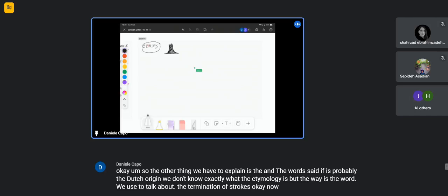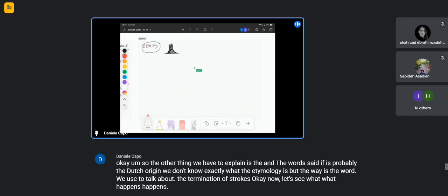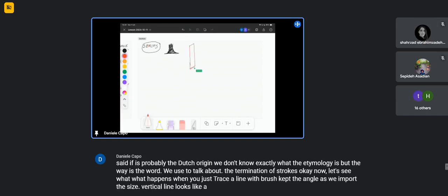Okay, now let's see what happens when you just trace a line with a brush kept at an angle, as we hypothesized. A vertical line looks like a parallelogram.